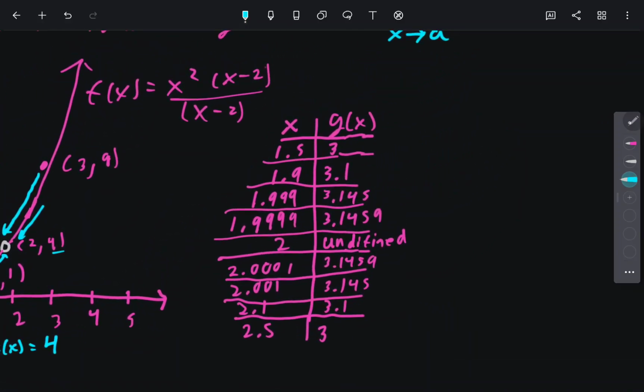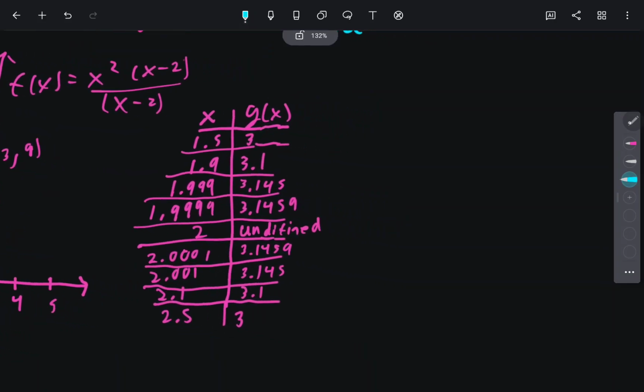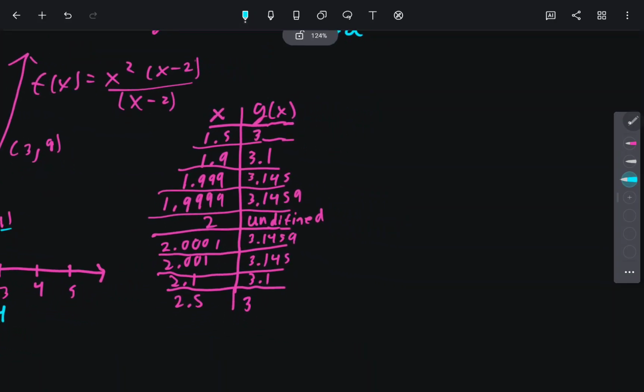Alright, let's take a look at now how this looks whenever we're looking at it numerically. Well, I got a table, and this table is g of x, and we have x. Let's find the limit as x approaches 2.